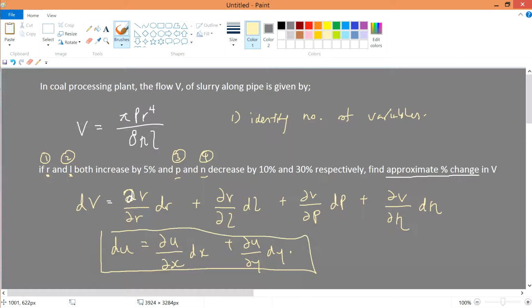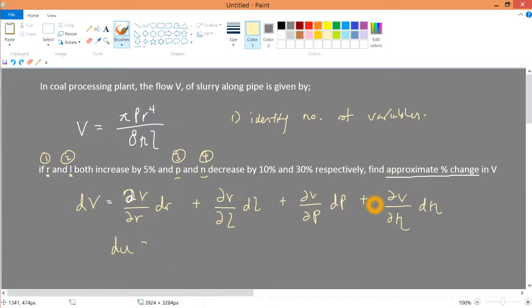If you have more variables, you have more terms, which is why we have 2 more over here. So what we can do is simply partially differentiate and just substitute in. Later on you will get to see what this dR is in terms of percentage.